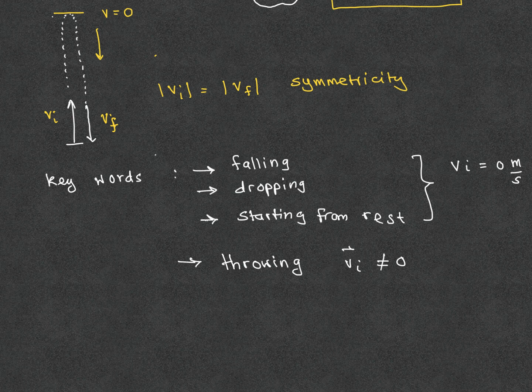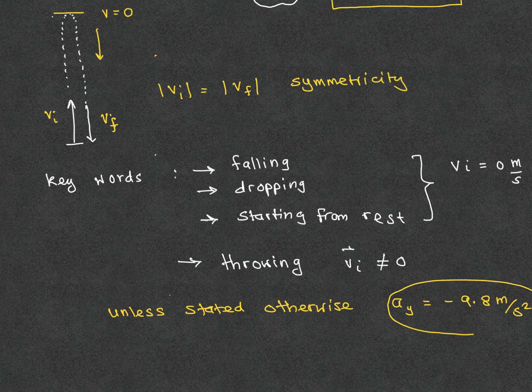Whether the object is thrown, or if it is falling or dropping, either way, unless stated otherwise, the acceleration along y direction stays as negative 9.8 meter per second square. So this is basically the summary of the vertical motion.